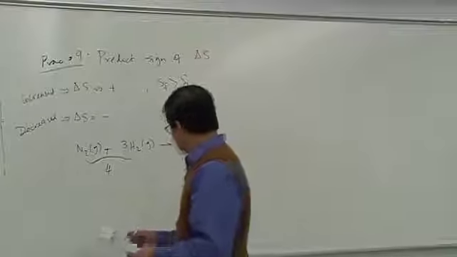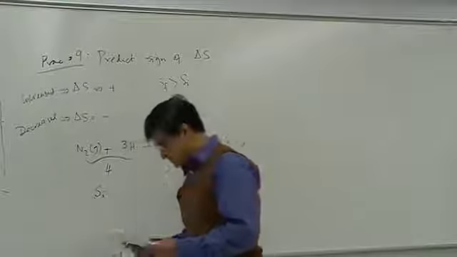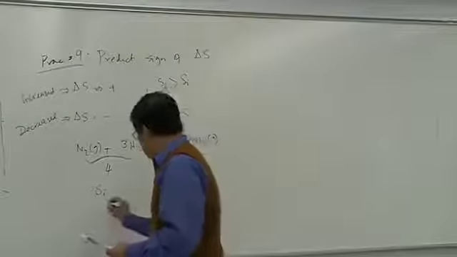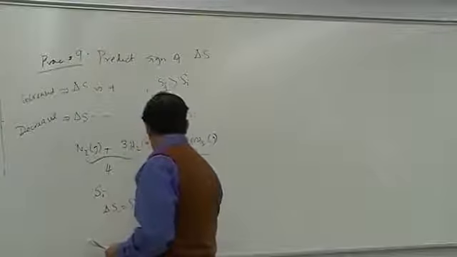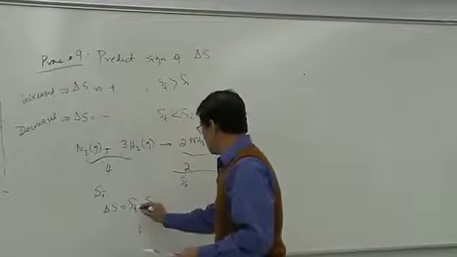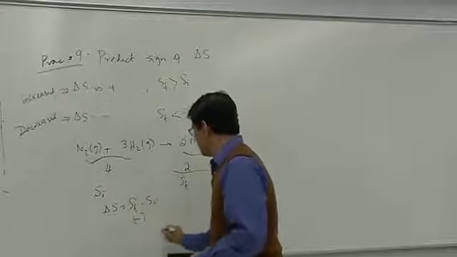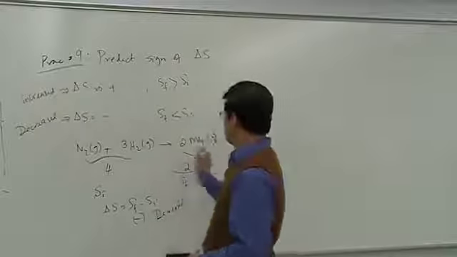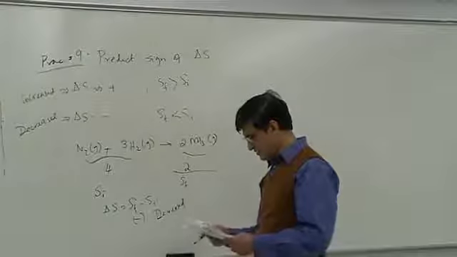So in this particular case, this is my final value of entropy, this is my initial value. Since final is smaller, delta S, given by final minus initial, will be a smaller value minus a larger value, so the difference is going to be negative, so it's decreased. So just by saying that the number is decreased, entropy is decreased as you go from left-hand side to the right-hand side.